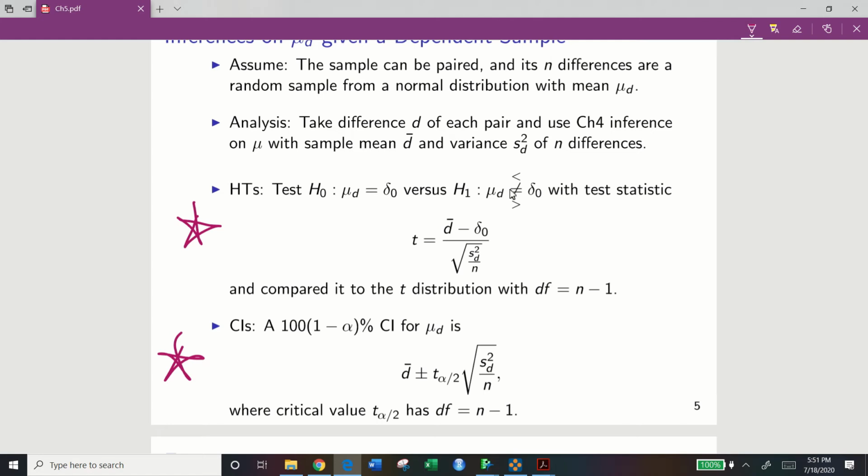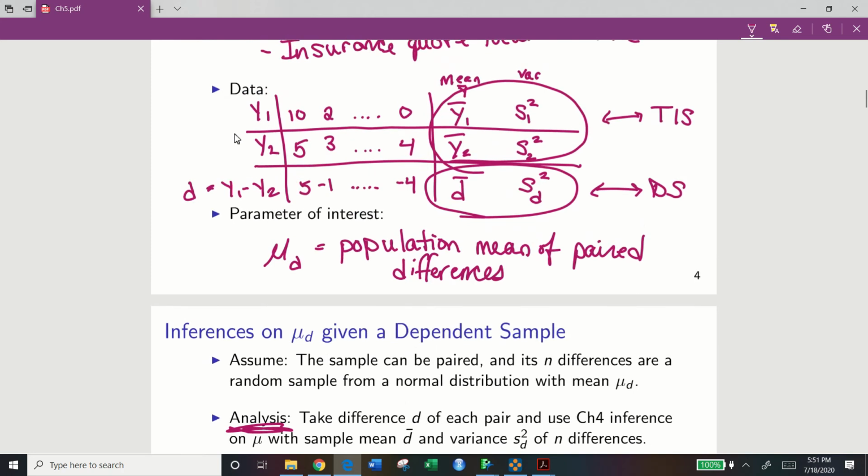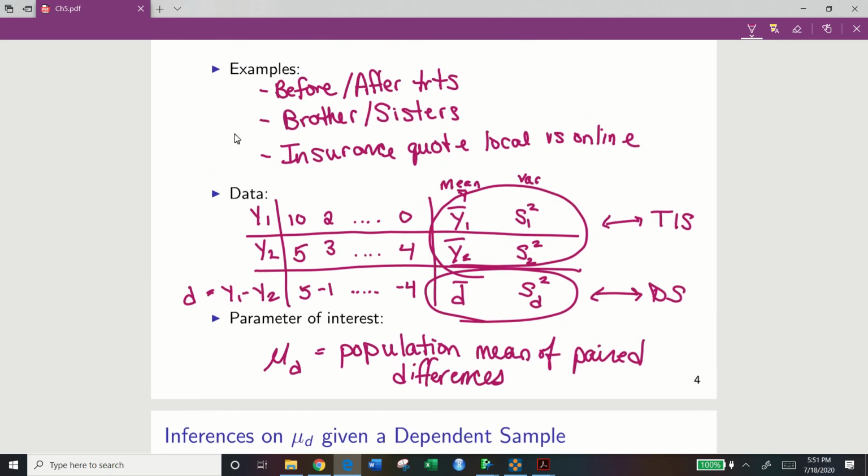Now, what I do want to emphasize is that this statement of analysis, essentially what happens when we have a dependent sample, scroll back up for a second, is we have our two before and after treatments, our brother, sister, whatever it is, our two sets of data. Once we do that subtraction, we now have a single sample.